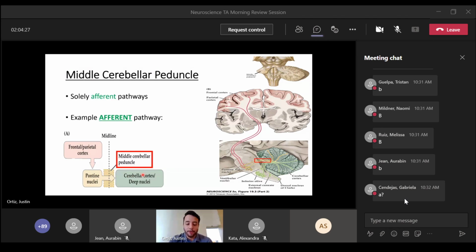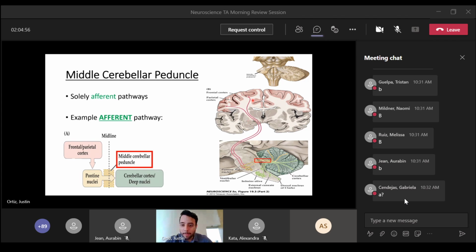The pontine nuclei cross over to the other side and go into the deep cerebellar nuclei of the opposite side, via the middle cerebellar peduncle. These pontine nuclei axons are so big that they literally make up this entire middle cerebellar peduncle.